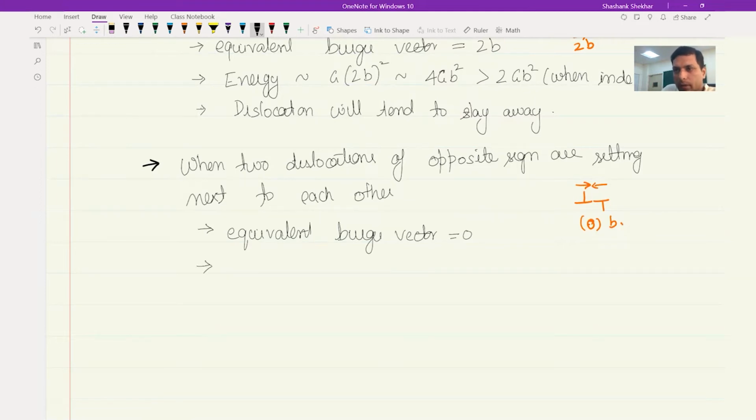Which means that the energy is of the order of G into 0 square, which is equal to 0, less than 2 GB square when the dislocations were independent.